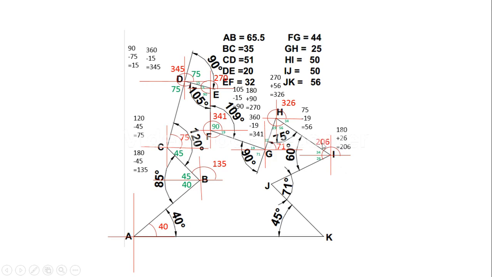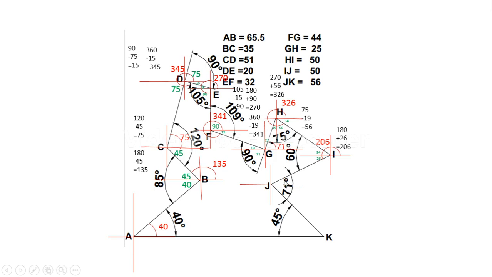Now let's go to point J. At point J also I need to draw two lines, x-axis and y-axis. Now let's look for the similarity. Here the first similarity exists again. If this angle is 26, this angle is also 26.